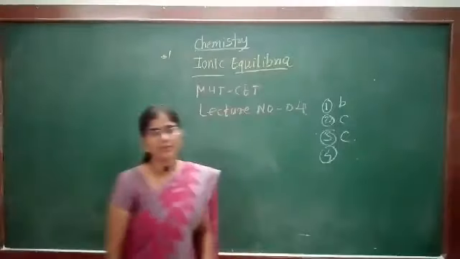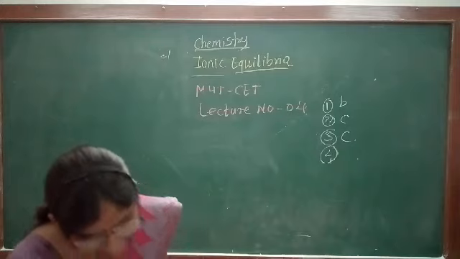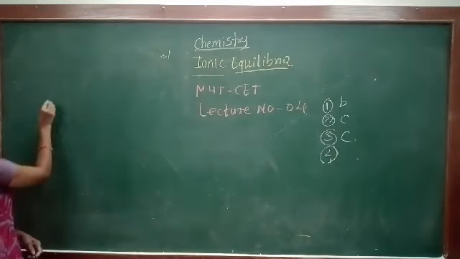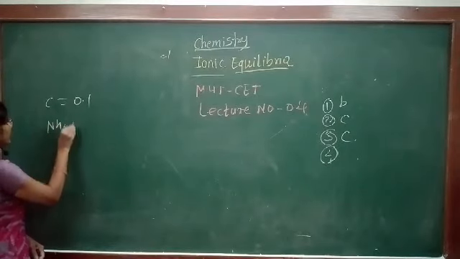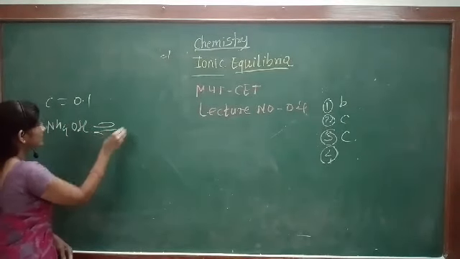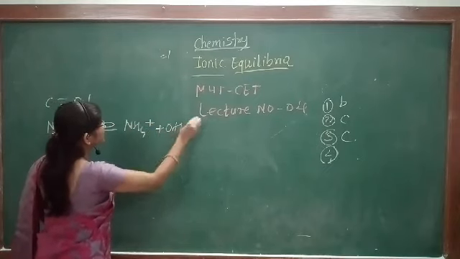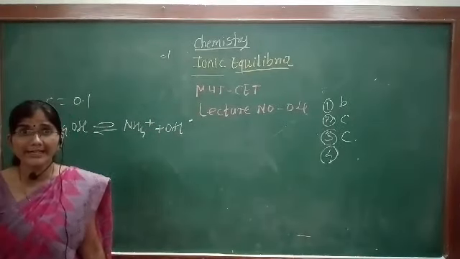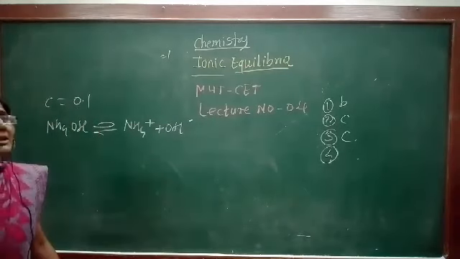Now we are discussing the fourth one. The pH of ammonium hydroxide having concentration 0.1 molar. What is the concentration? 0.1 molar. And what is this? Ammonium hydroxide. Ammonium hydroxide is a base, and it is a weak base.